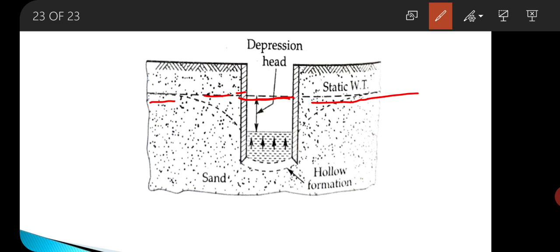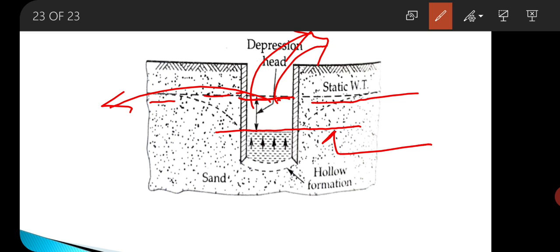But now if a discharge is withdrawn from this well, for example, if we take out some discharge from this well, so what happens? The level in the well will go down. This one is the initial position of the water level in the well, and this one is the final level.